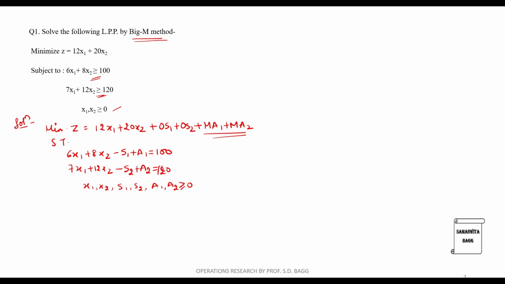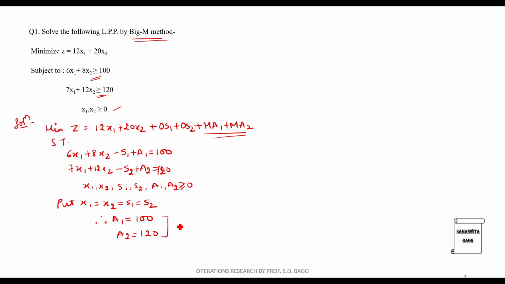So once this is done, we will want to find the initial basic feasible solution. For that, let me substitute x1, x2 equal to 0. Also, I'll assume s1 and s2 as 0. So from the equations, I will get a1 is equal to 100 and a2 is equal to 120.